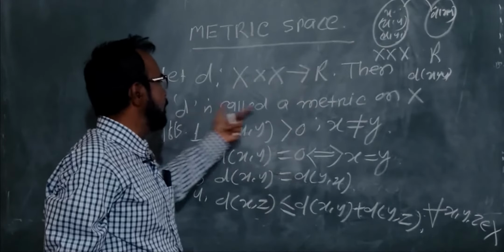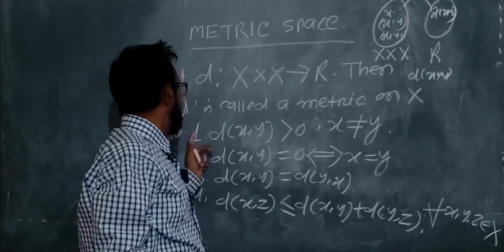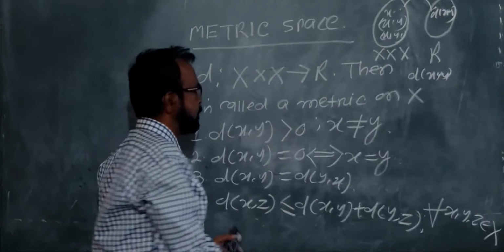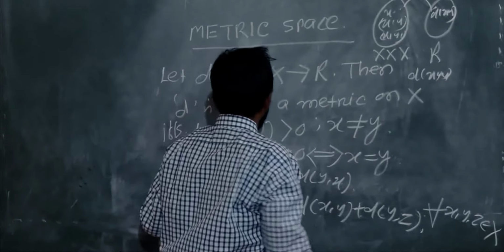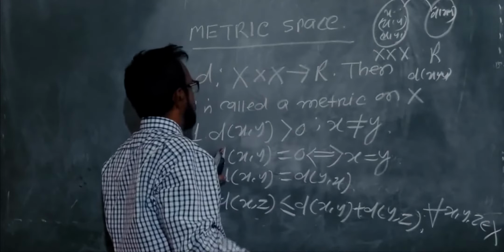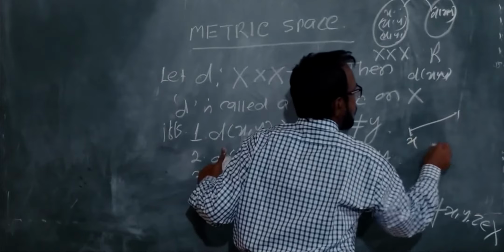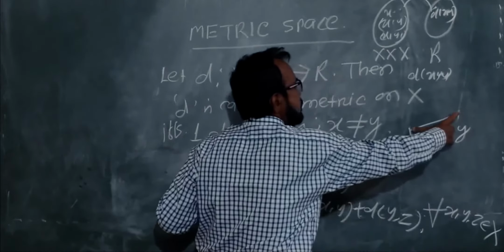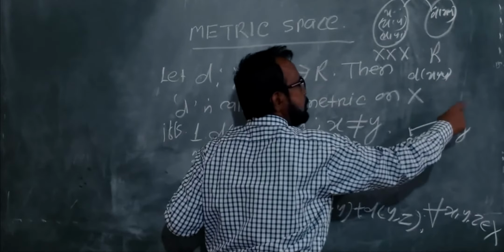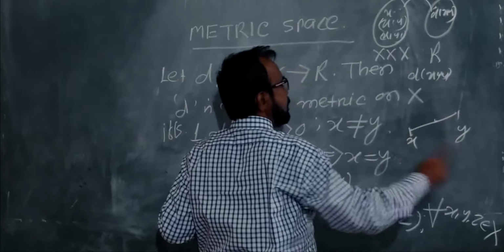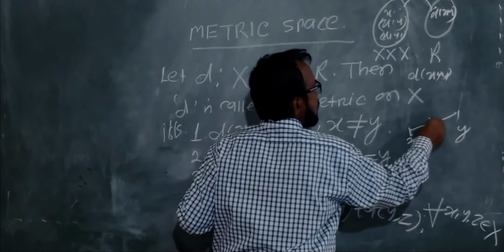Then D is called a metric if it satisfies the following conditions. d(x,y) is greater than 0 if x is not equal to y. In language, the distance between any two points, x is a point, y is a point, is always greater than 0. The distance cannot be negative.